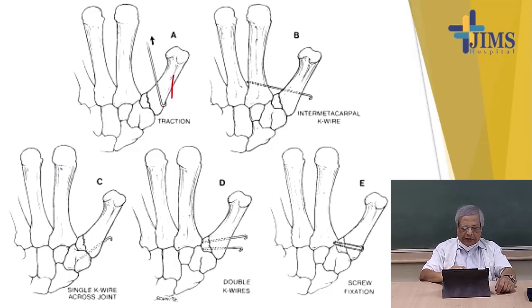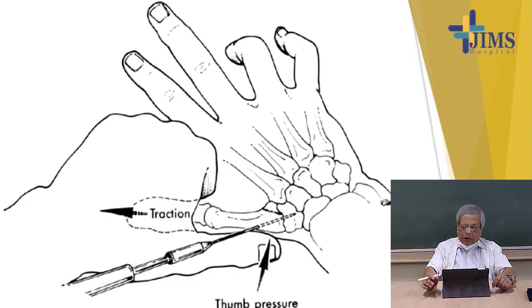Then you fix this by either a K-wire here or even by two K-wires, or if this fragment is very big, even one can use a screw, or there could be a supplementary intermetacarpal wire, that is between the first and second metacarpal. Or the easiest or the commonest technique is somebody pulls by the tip by holding the thumb, then it automatically gets reduced.